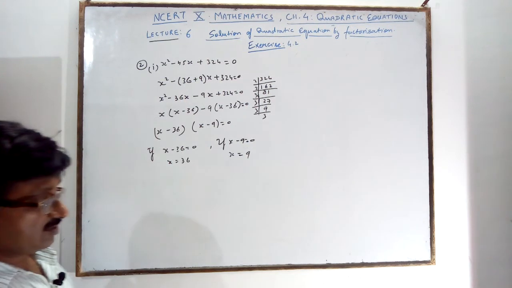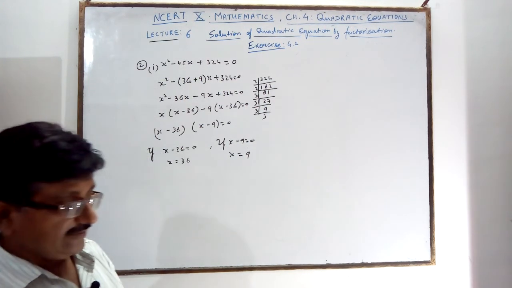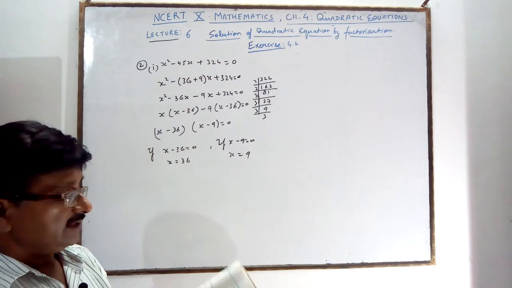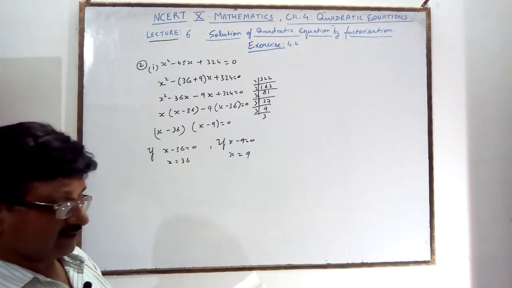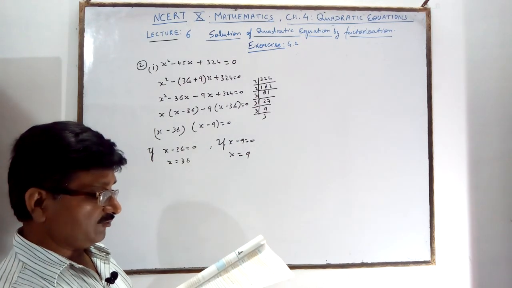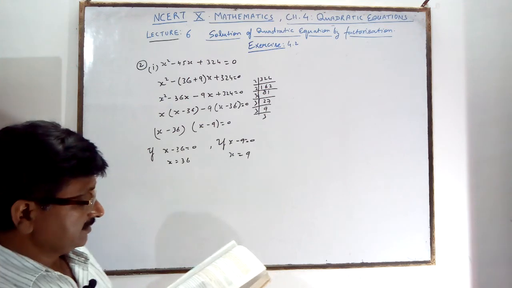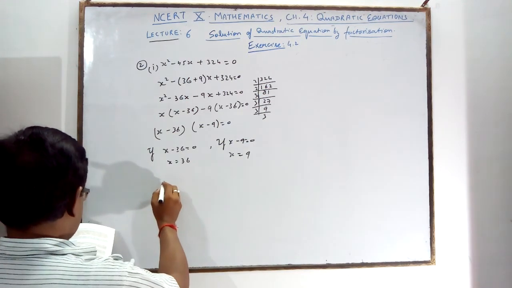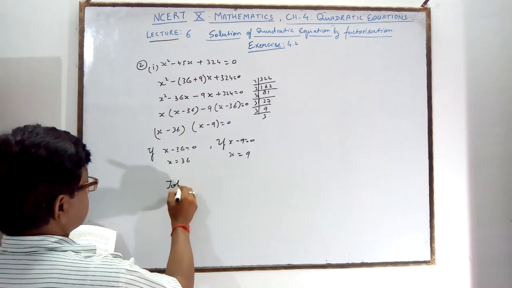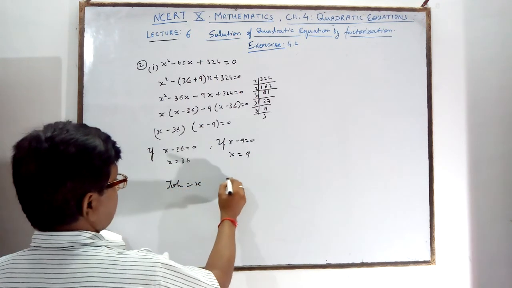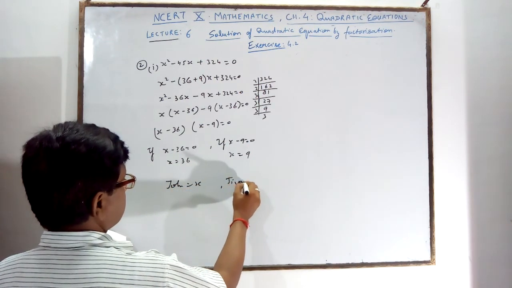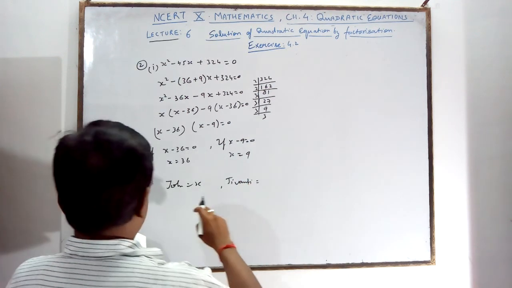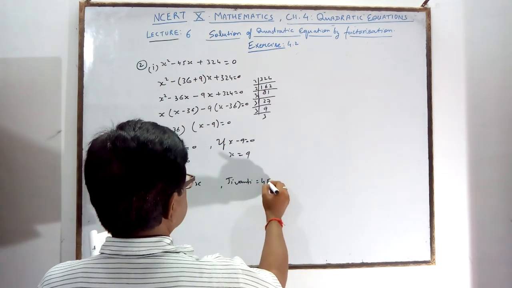Because in your question it is given 45 marbles, here you are getting John has x marbles and Jayanti has 45 minus x.